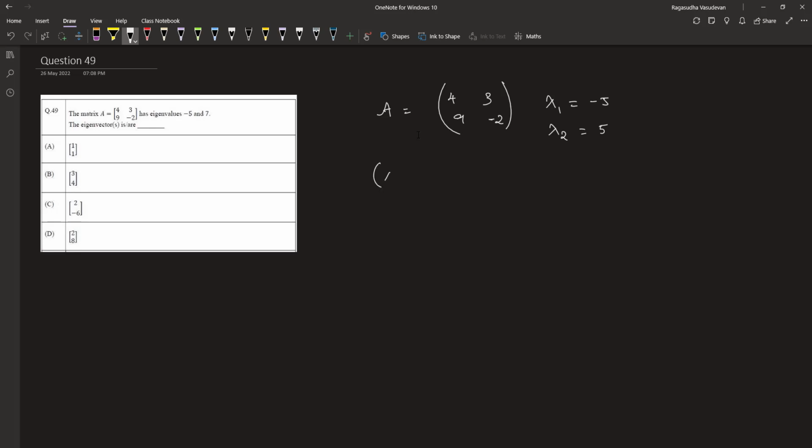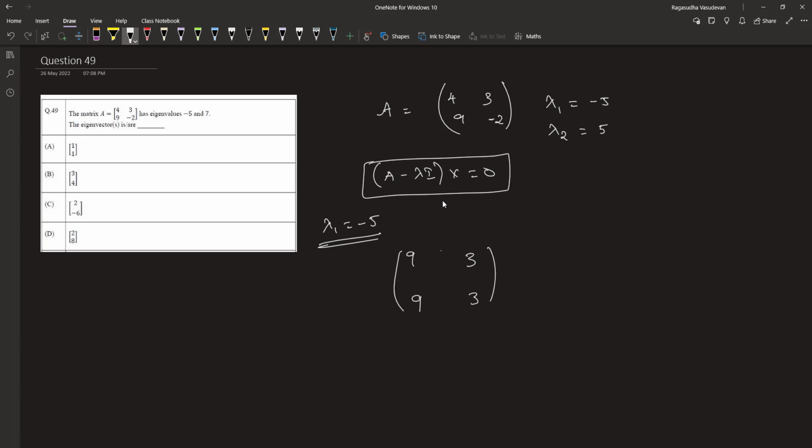So, A minus lambda I times x is equal to 0. Let us do this for the first eigenvalue, minus 5. We will get 4 plus 5, 9, 3, 9, minus 2 plus 5 will be 3 again. So, 9, 3, 9, 3 times x1 comma y1 is equal to 0 comma 0.